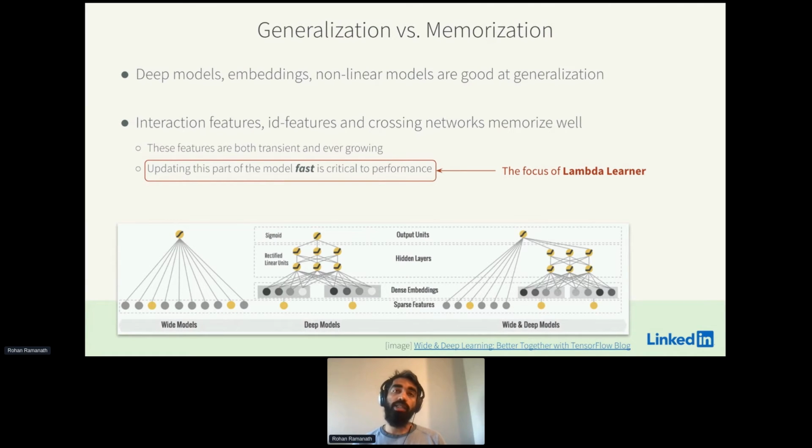To understand why it's important to update this model, right? Think about the advertising use case. When a new ad campaign is created, it can reach 1,000 impressions in a few minutes. And if you don't have your model that's already trained, then you're going to be recommending this ad campaign to maybe people that are not interested in this ad anymore. Similarly, if you think about a job posting, right?